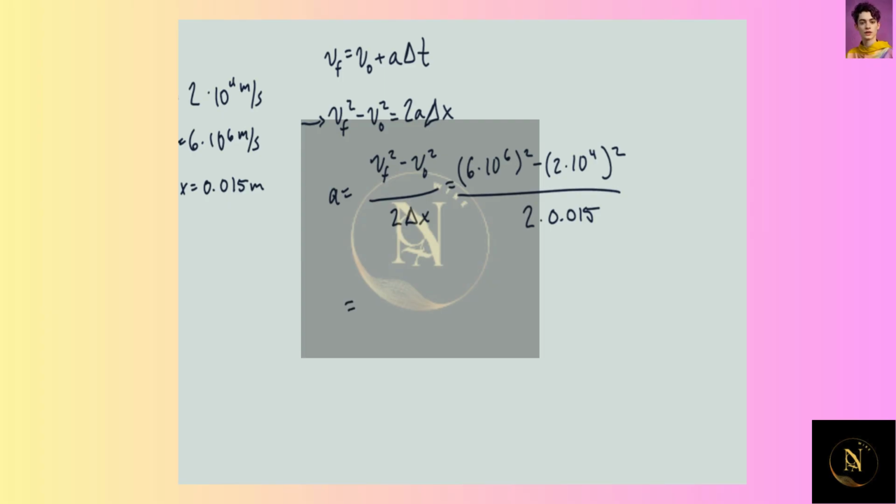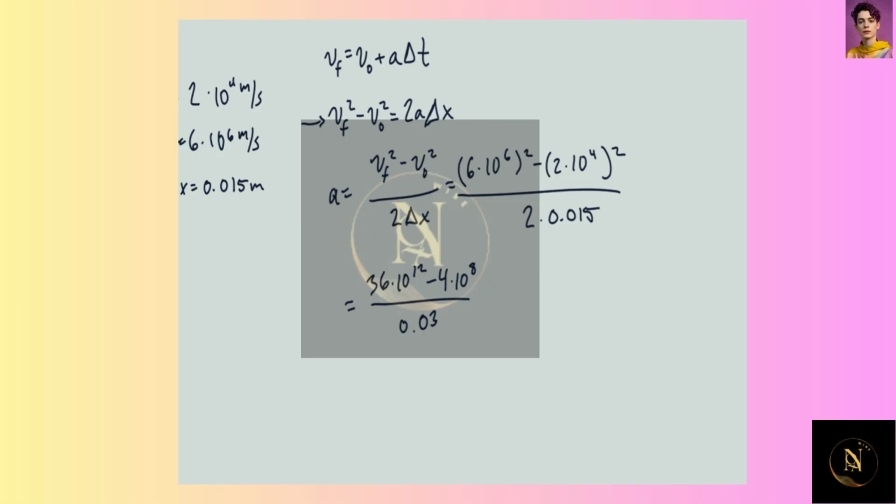Okay, that's going to be 36 times 10 to the 12 minus 4 times 10 to the 8, divided by 0.03.